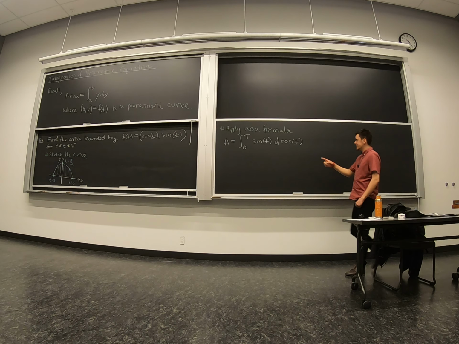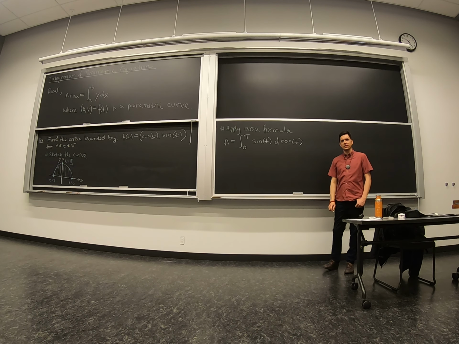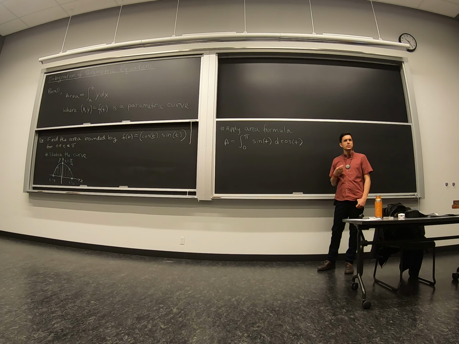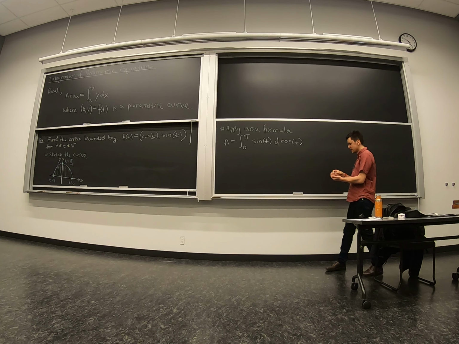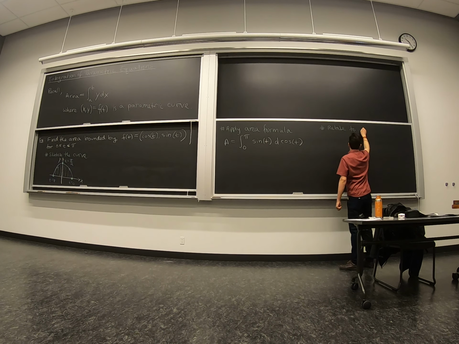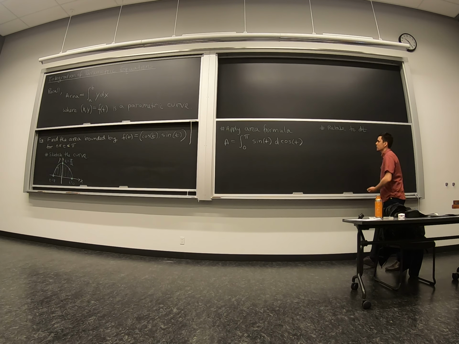We've got d of a function. So what we have to do is relate this back to dt somehow. We want to make dt appear so that we can calculate an integral with respect to t. So we'll relate it back to dt.